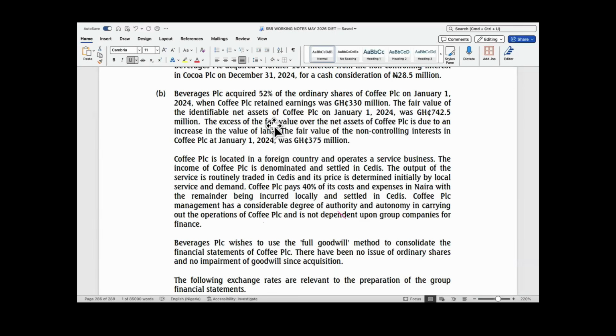We're told that the fair value of the identifiable net assets of Coffee PLC on January 1st, 2024 was 742.5 million. The excess of the fair value over the net assets of Coffee is due to an increase in the value of land. The fair value of NCI in Coffee at January 1st, 2024 was 375.